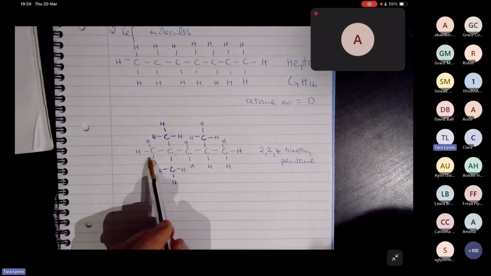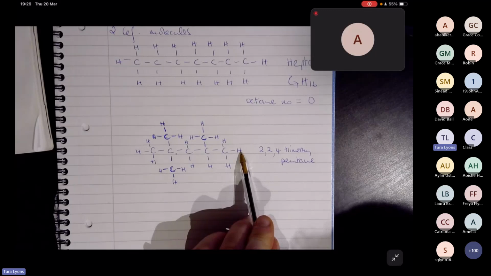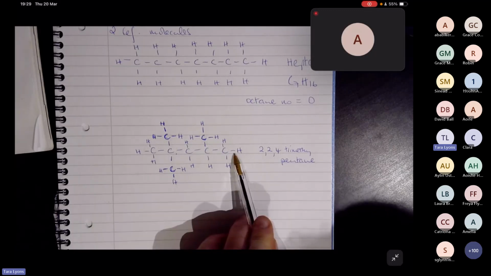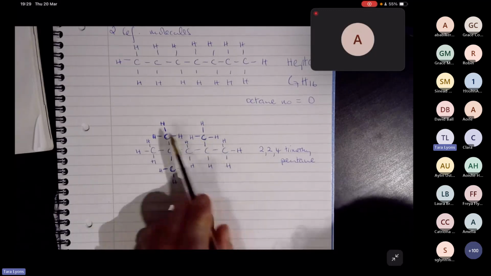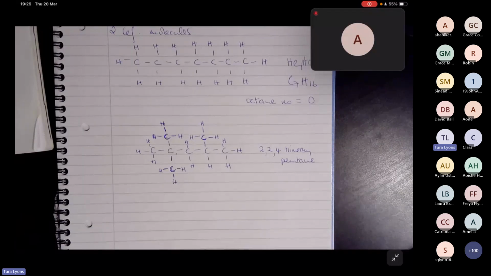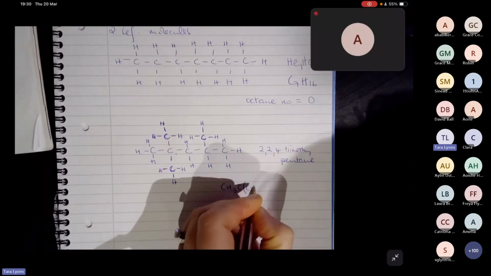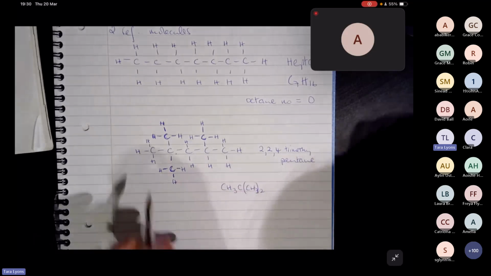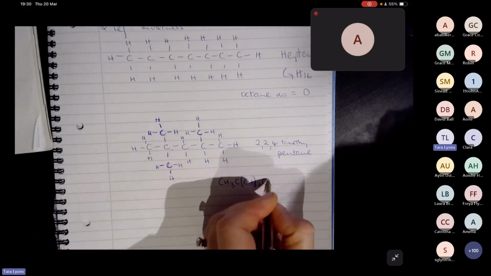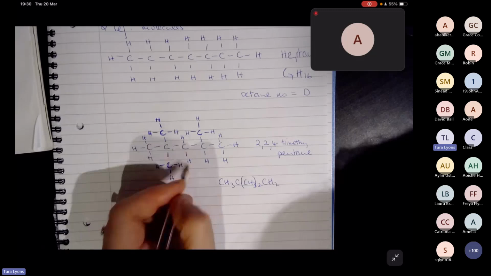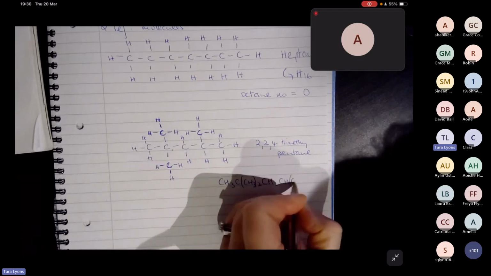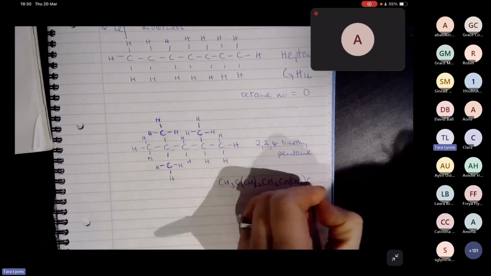So it has 8 carbons in total. The 5 here plus the 3 on the branches. And it's going to have 18 hydrogens. Now, I could write its formula, CH3, then C, CH3 with a 2 after it for these two, then CH2 for this one, then CH and a CH3, and then CH3.